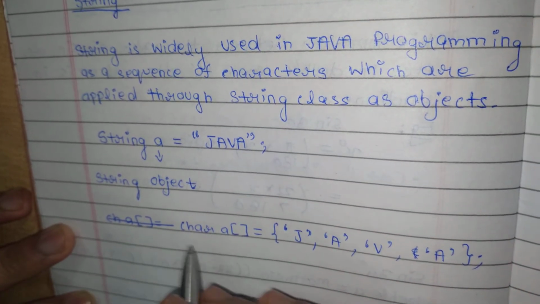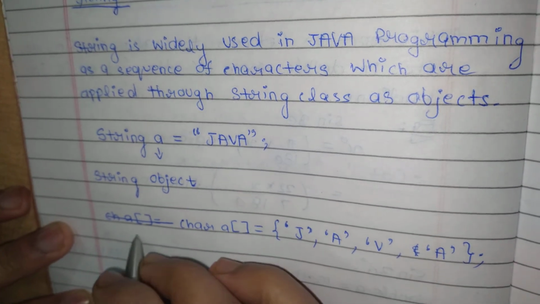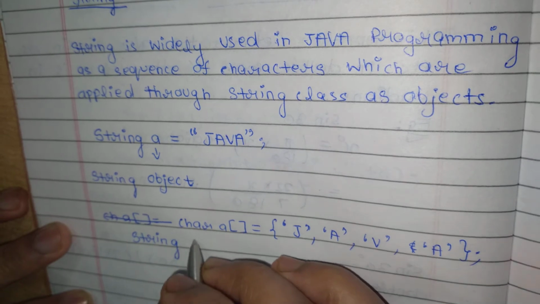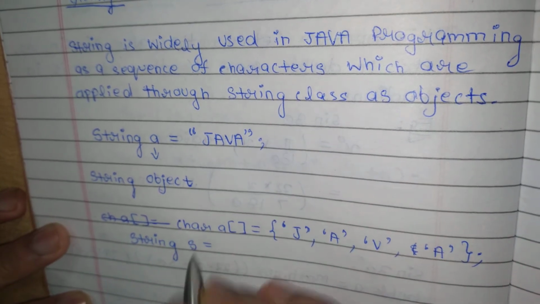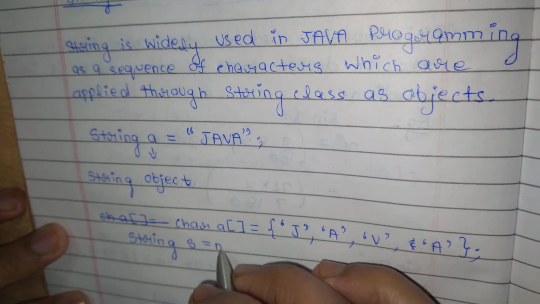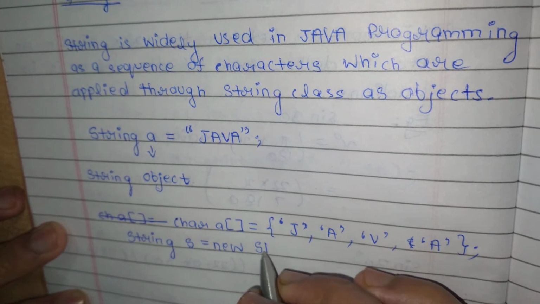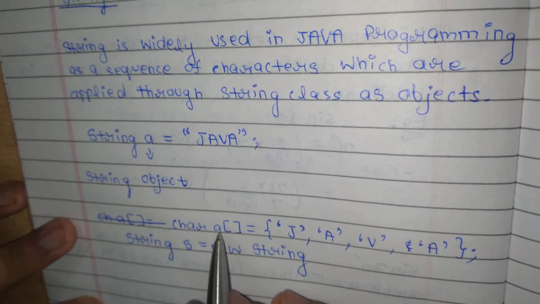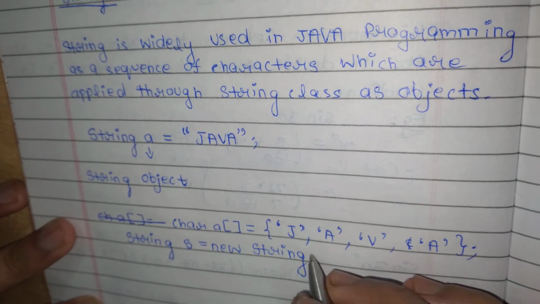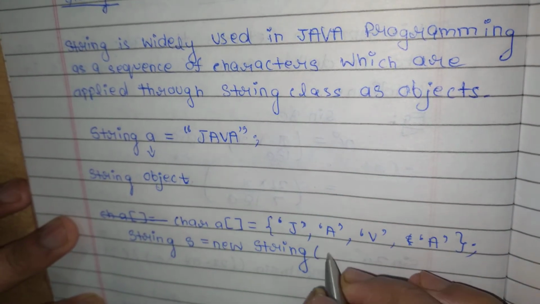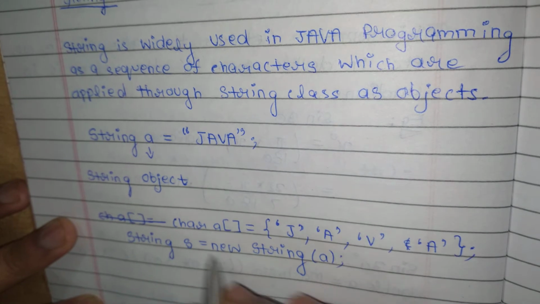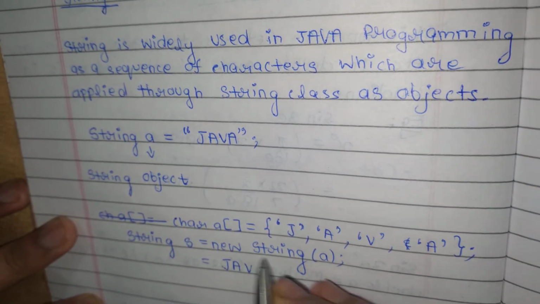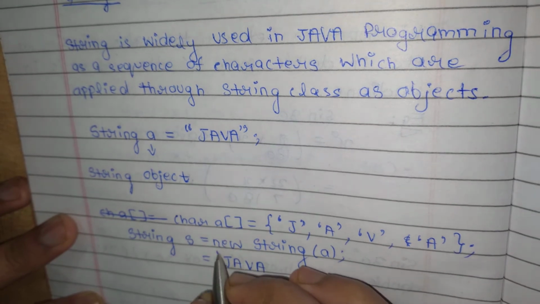So if you have to convert this character array into a string, then you will write String s is equal to, or you can take any variable, new String, and write the character array variable name here. As I have taken ch here, I will write ch here. Now the output would be "java" in double quotes.